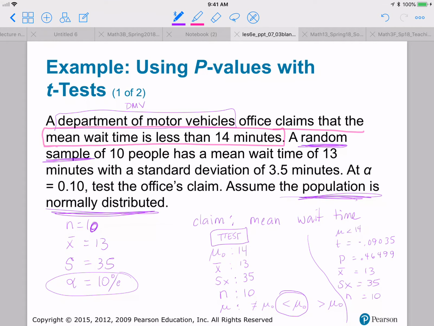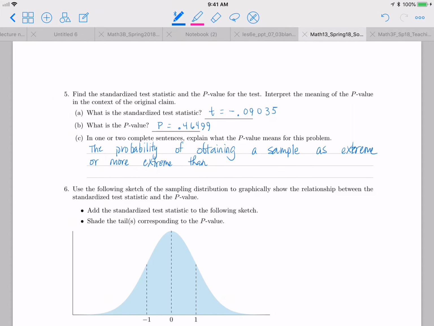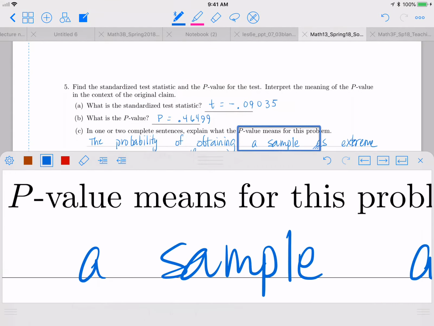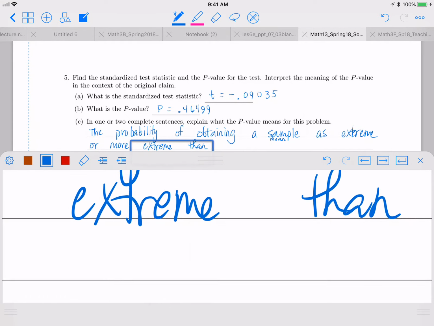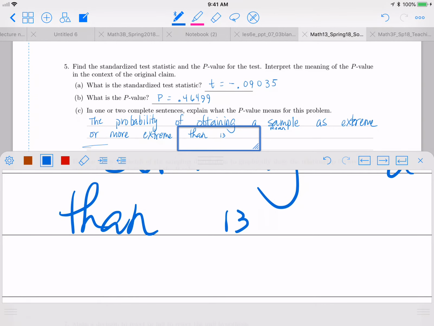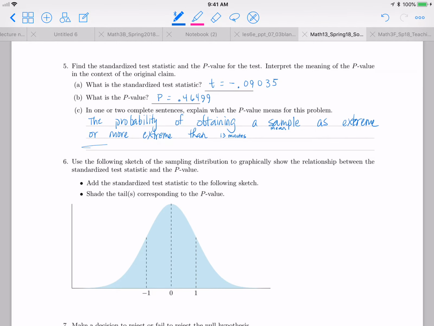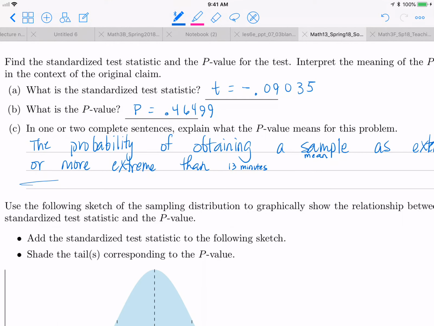So it's a sample mean of 13 minutes. So let me go in here and modify this. A sample mean as extreme or more extreme than 13 minutes is, what is the probability? Probability is 46.49.